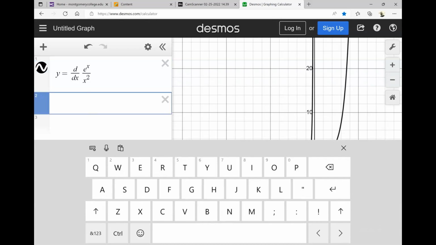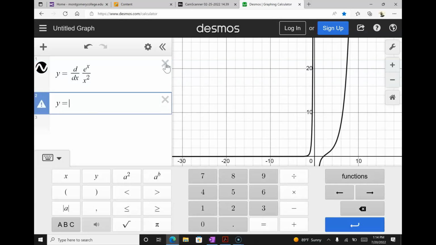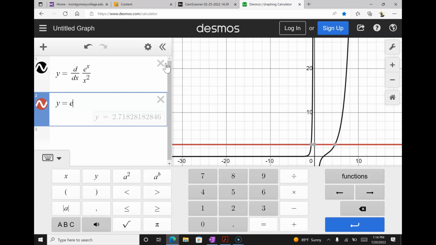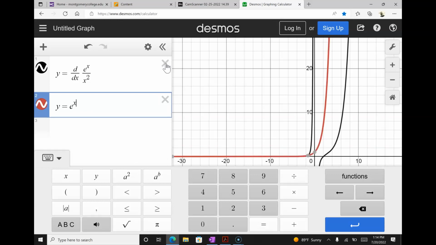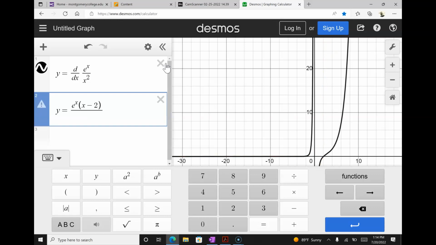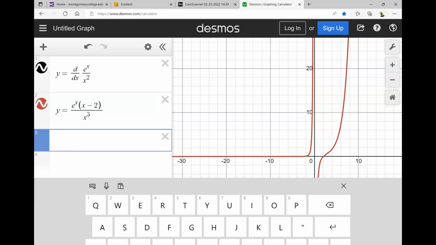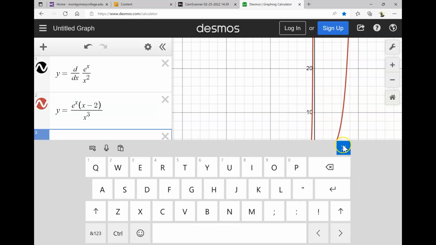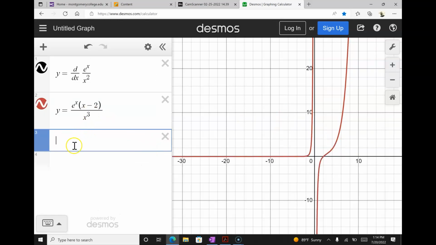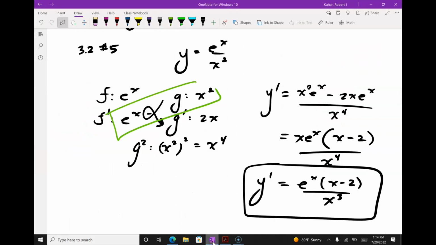And look at the function, the derivative we actually got was e to the x times x minus 2, all divided by x cubed, correct? And you can see, did I miss a 2? What 2?